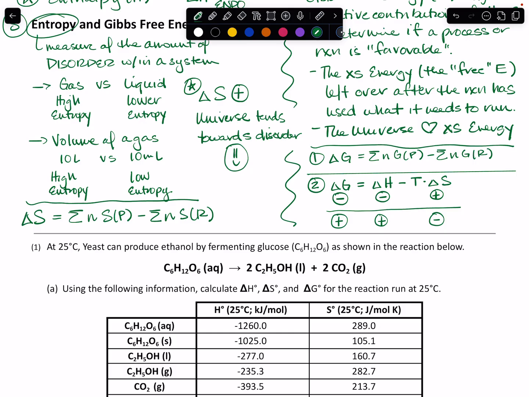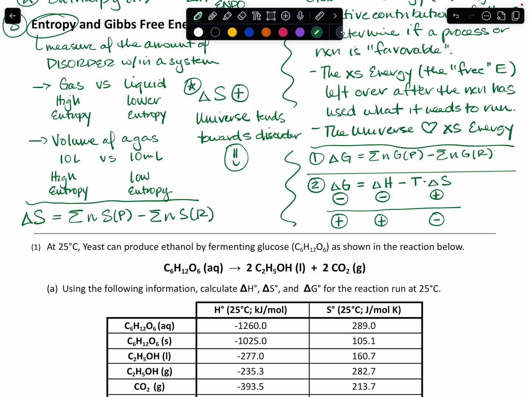Now, if you're in between, so let's say you have a positive enthalpy and a positive delta S, then it's going to be temperature dependent on whether that process is going to be favorable or not. All right. If you have an exothermic process with a negative enthalpy value and you have a negative entropy change, so you decrease disorder, again, it's going to be temperature dependent as to whether you are going to get a favorable reaction or not.